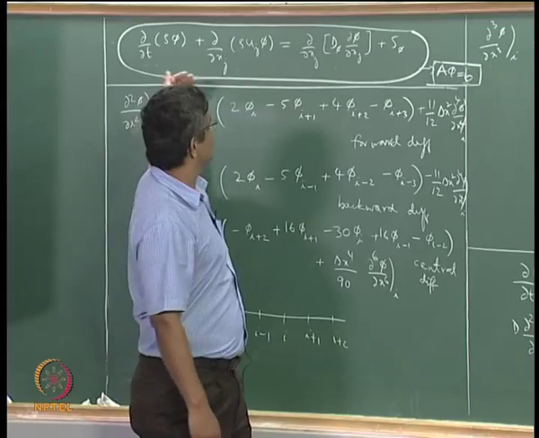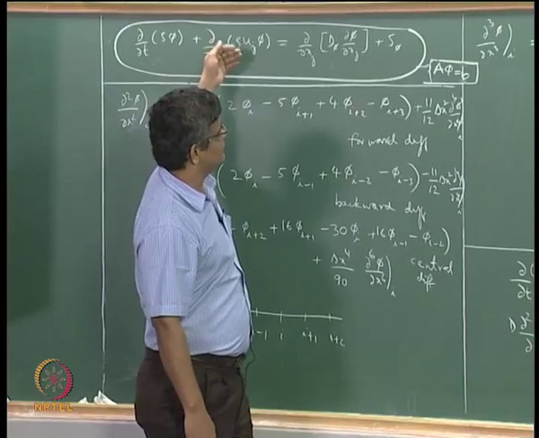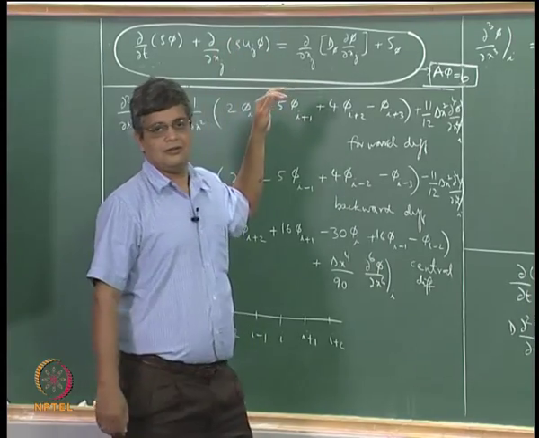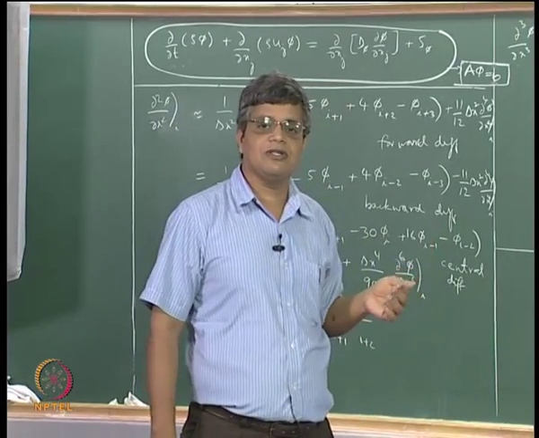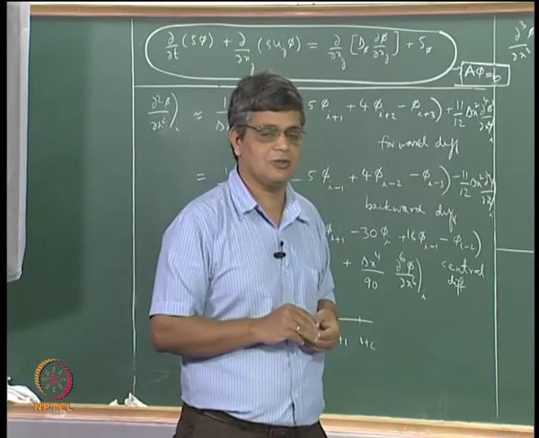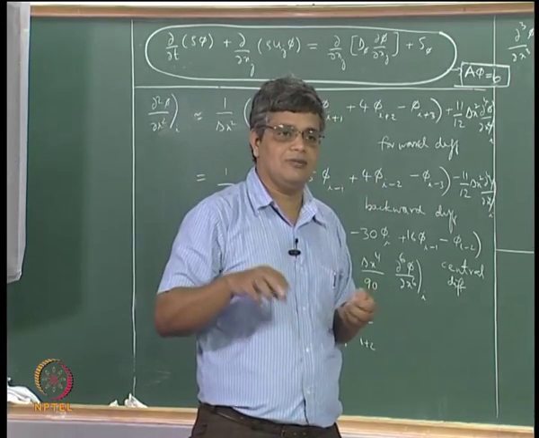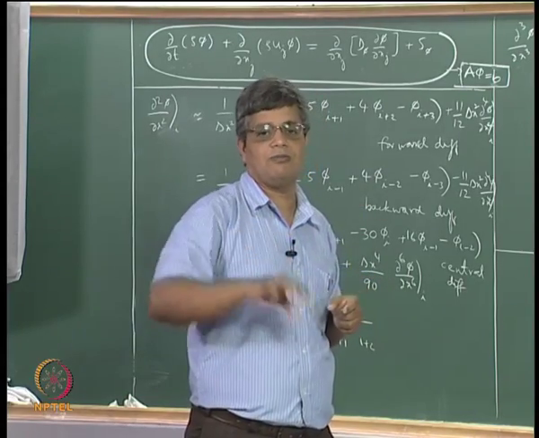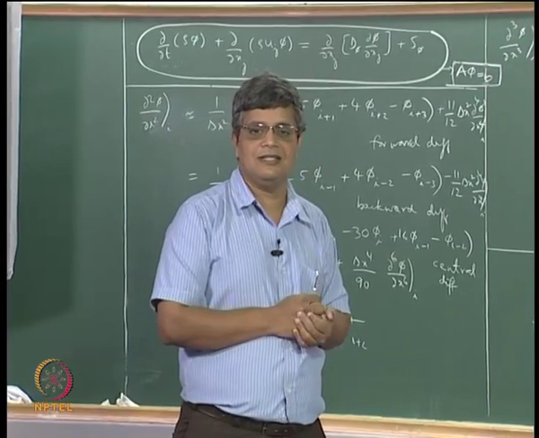Now what we want to see is, when we replace the individual derivatives with equivalent finite difference approximations, what kind of additional complications arise by which some substitutions may not give us a proper solution, and how to say a priori, even before attempting a solution, that this particular combination of finite difference approximations for these terms will give us a satisfactory solution. So that will be the essence of what we are going to discuss in the next classes.